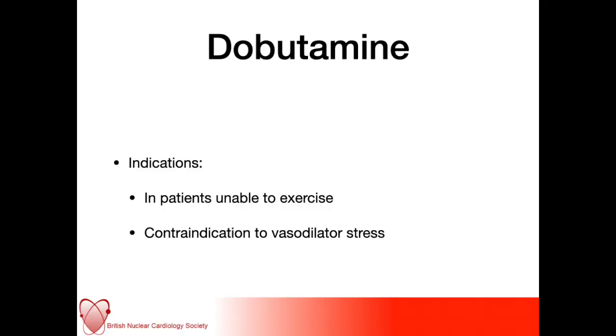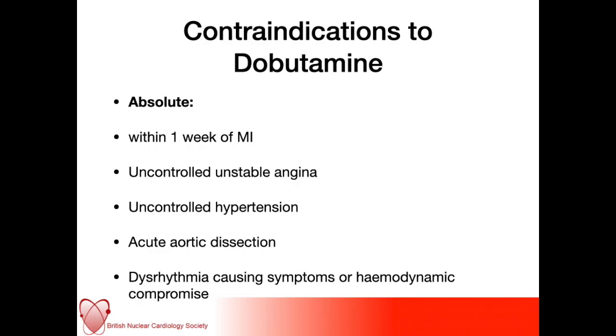If a patient can't receive adenosine, then dobutamine is your next alternative. Again, patients unable to exercise, and if they have a contraindication to vasodilator stress, consider using dobutamine. Again, the contraindications to this is the patient within 1 week of a myocardial infarction. Do they have uncontrolled unstable angina, uncontrolled hypertension?